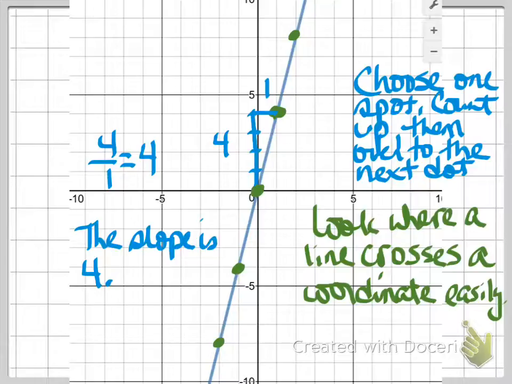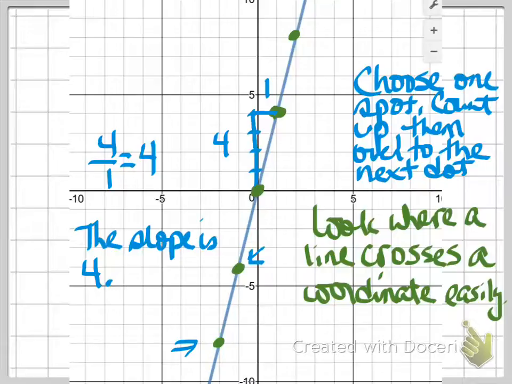Here's a line where you've been given a coordinate plane with a straight line. The way that you would do this is look for where points cross. Very easy to identify points. I'm going to look here. This crosses nicely at this point. I'm then going to figure out where my next one is, which is located here.